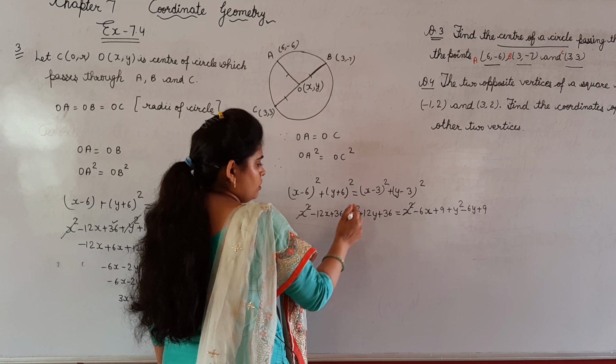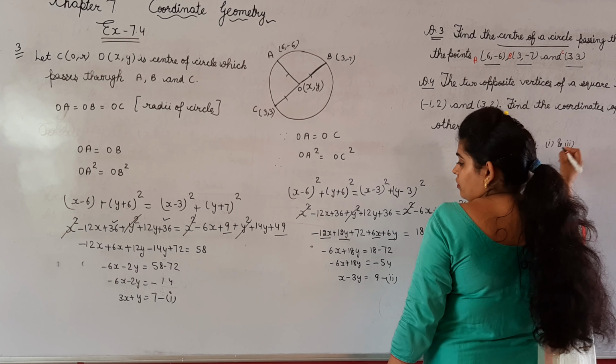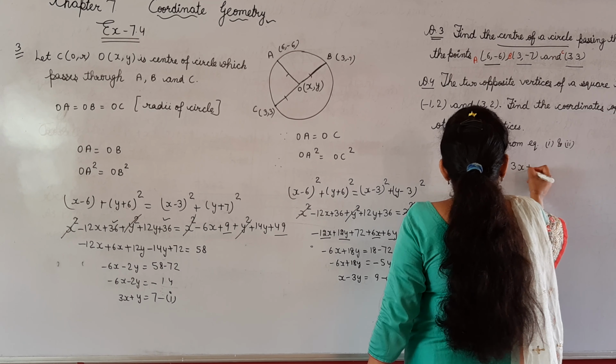Now we will solve these two equations, first and second. What is our equation number 1? 3x plus y is equal to 7. X minus 3y is equal to 9. Now we can use any method of third chapter, elimination method, substitution method.